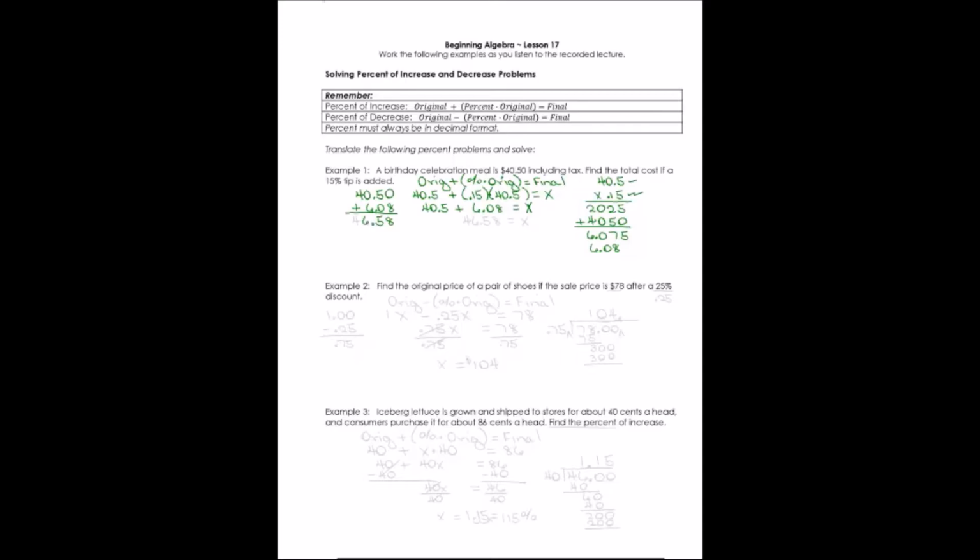Remember, when I'm adding decimals, I have to line up the decimal place. When I'm multiplying them, it doesn't matter because I'm just going to count the number of decimal places and place that in my answer. So the answer, the final amount, is $40.58, and that's my answer.